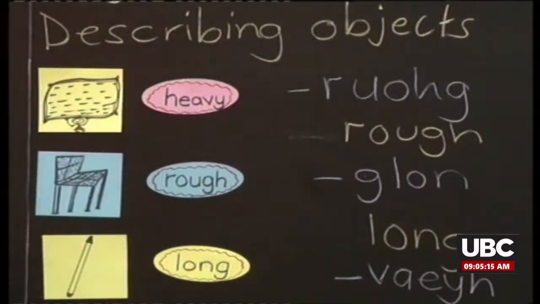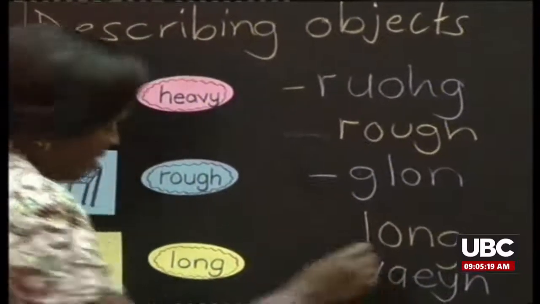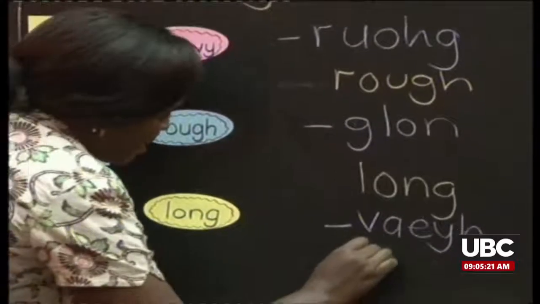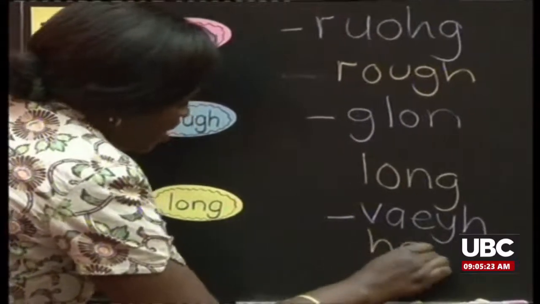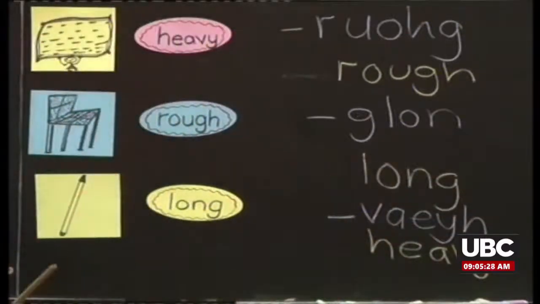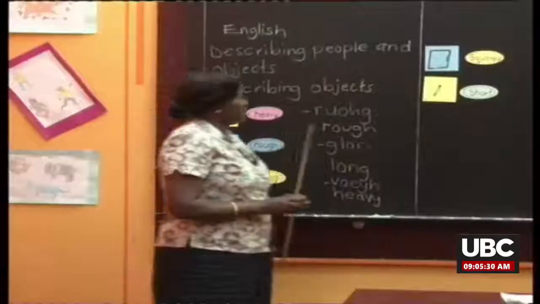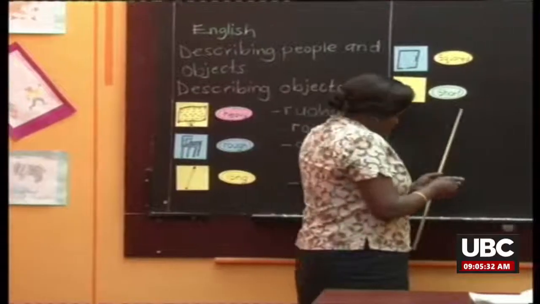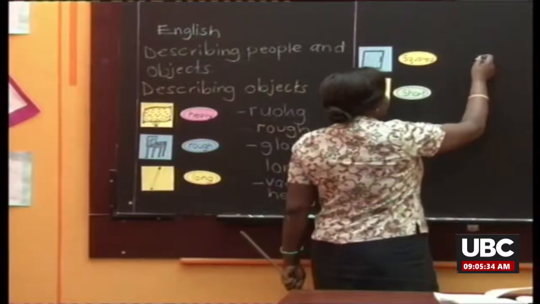Which word is the teacher trying to spell? The teacher is trying to spell the word heavy, which begins with the letter H, E, A, V, and Y. Let's continue with our spellings. We spell the word short.